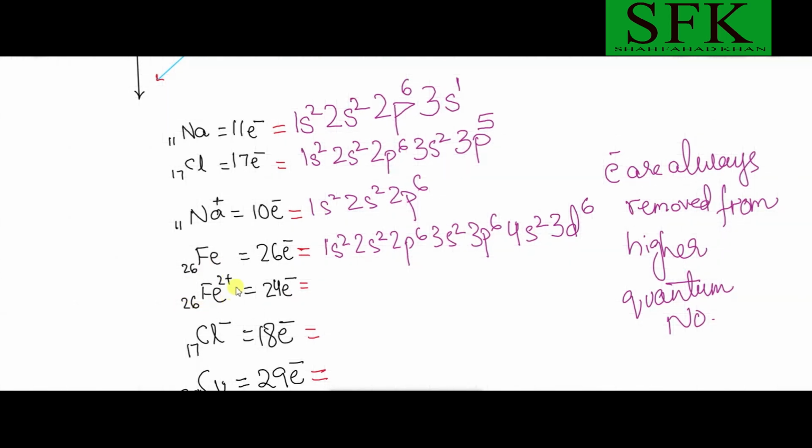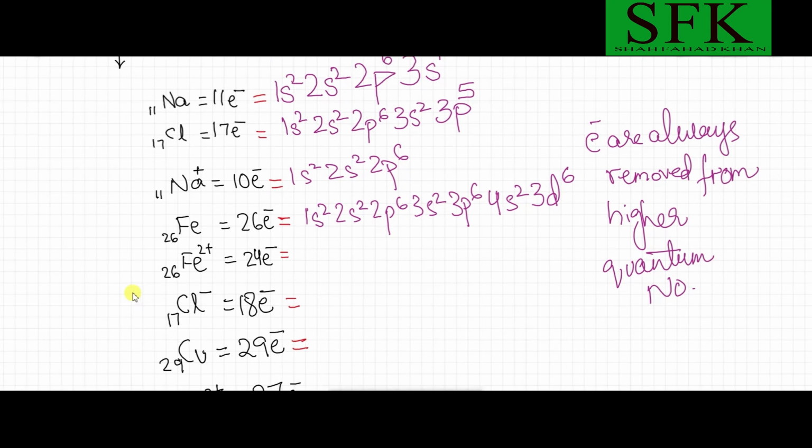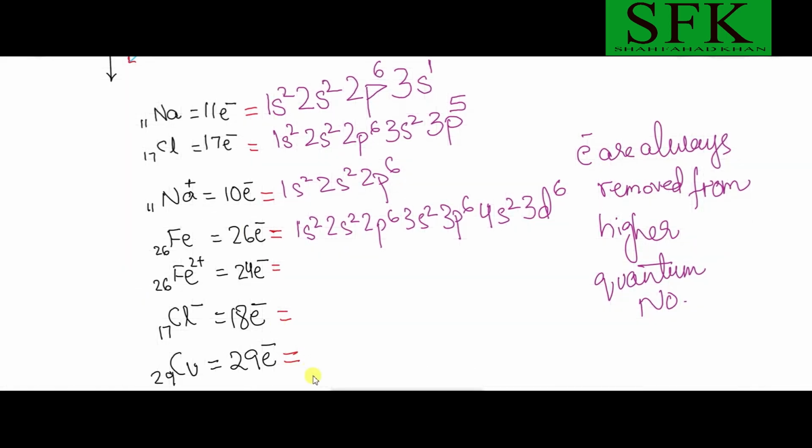Again, the formation of the iron 2 plus ion. This is a very important step, guys. In the formation of the iron 2 plus ion, 2 electrons have been lost from the iron atom. As I said earlier, electrons are always removed from the higher quantum number. In this case, although 4s is at a lower energy level compared to 3d, it has a higher quantum number. 4 is greater than 3, right?